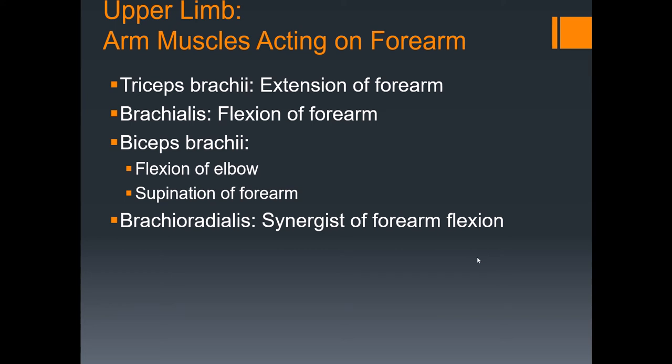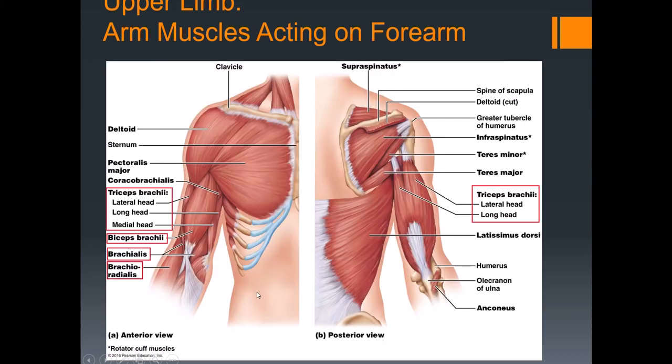And then the brachioradialis is a synergist to the brachialis and biceps brachii in causing forearm flexion. So you can see triceps brachii here posteriorly, biceps brachii here anteriorly, brachioradialis here, and the brachialis right here, just deep to the biceps brachii.